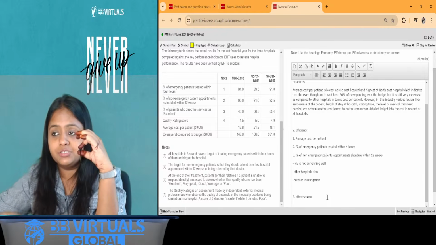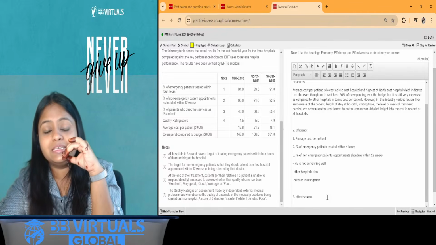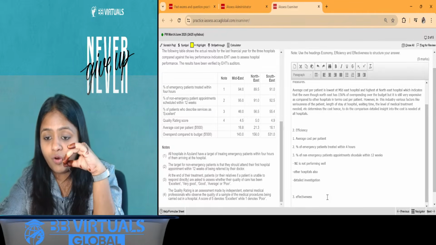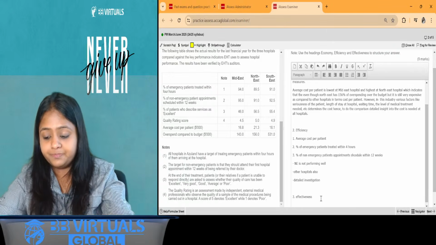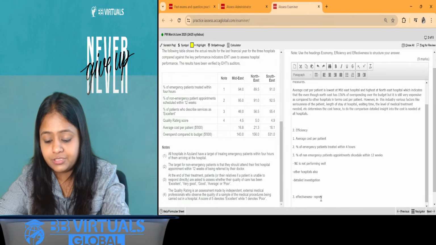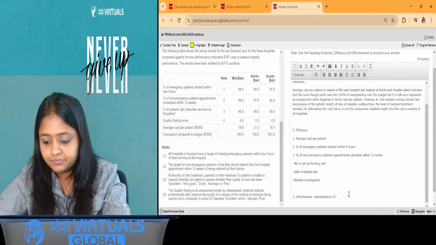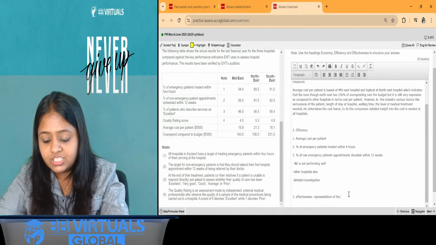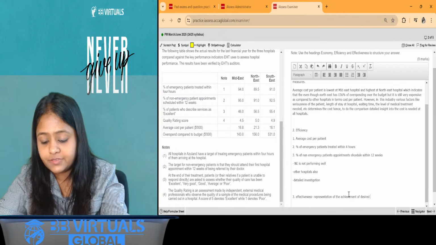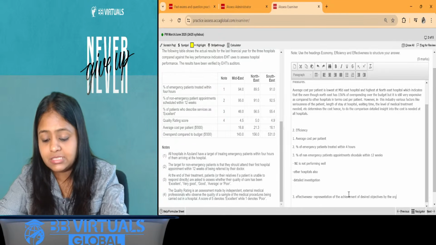So, we can mention that effectiveness basically is a representation of the achievement of desired objectives by the organization. This is your starting point.